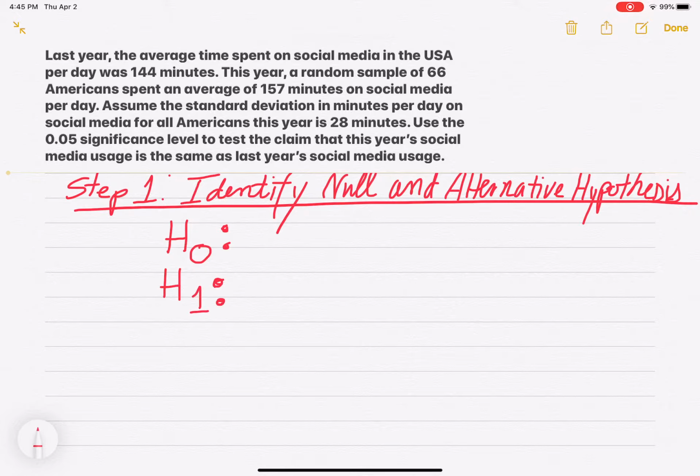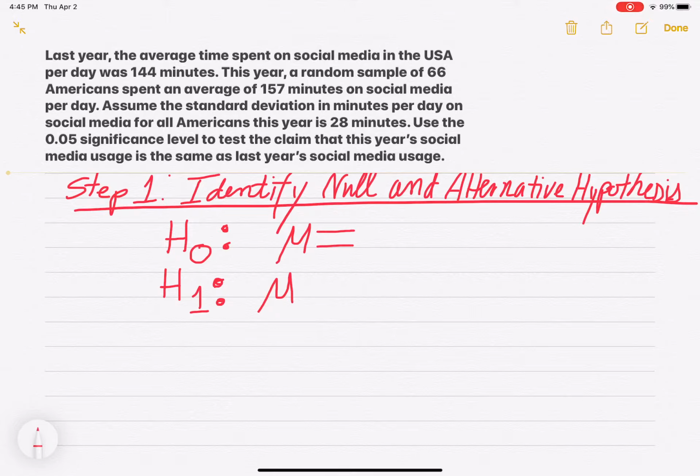Now, these are going to be about the mean or average of the population, so we're going to put mu there for each of these. Now, remember, the null hypothesis, H0, always involves the equal sign, always.